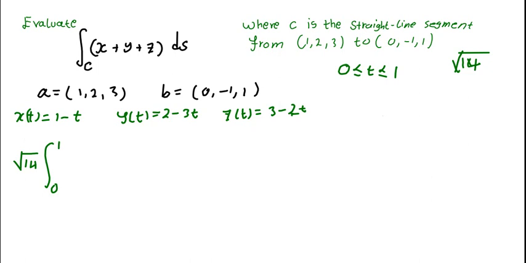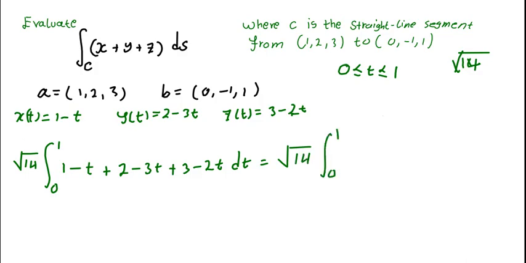Then where this x is, just substitute with what you have here, 1 minus t, plus where this y is, substitute 2 minus 3t, plus where the z is, we say 3 minus 2t, then dt there. You can simplify that. That would be from 0 to 1. So simplifying this gives us 6 minus 6t dt.